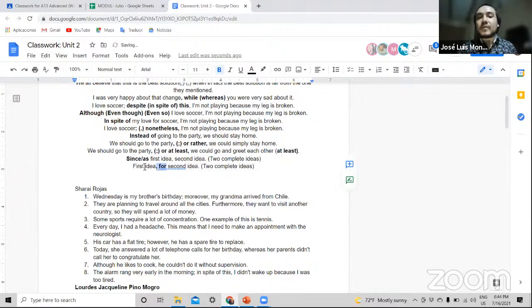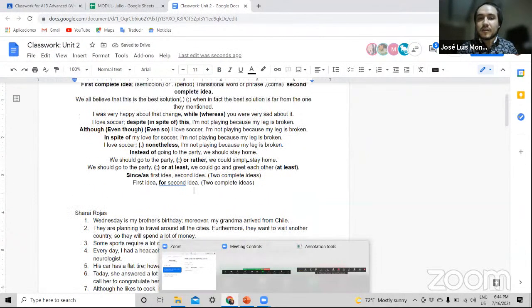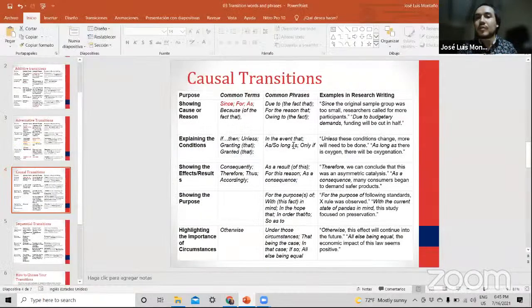So first complete idea, comma, for, the second idea. And the rest of the words are used as you see over there with this structure, all right? Transitional word: you need a period or semicolon, the transitional word or phrase, comma, and the second complete idea. The rest of them that are not in color are going to follow this formula, the formula that we always use.